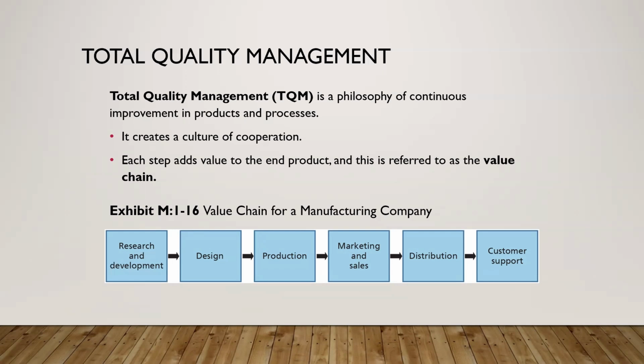TQM also emphasizes the importance of each person in the organization, creating a culture of cooperation across all business lines. Now, each step in the process adds value to the end product, and this is referred to as what? The value chain.